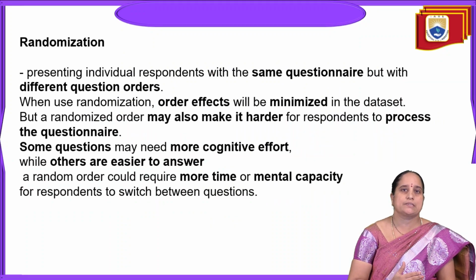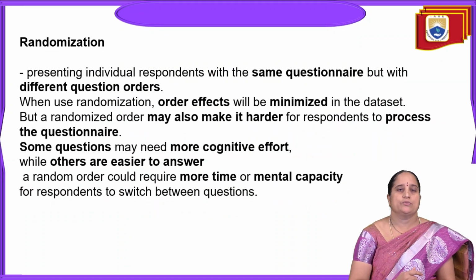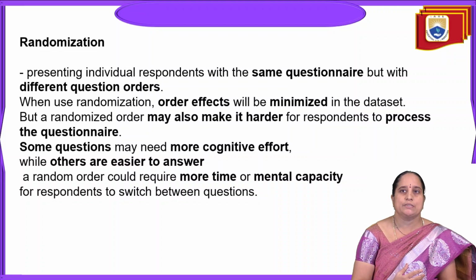Then next comes randomization. Presenting individual respondents with the same questionnaire but with different question orders is known as randomization. When we use randomization, order effects will be minimized in the data set.